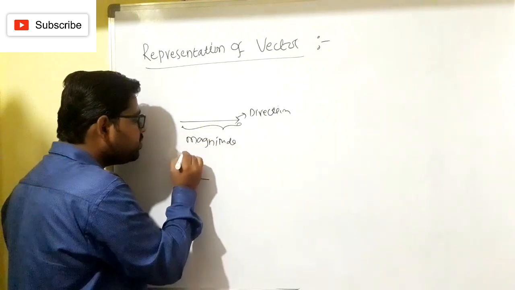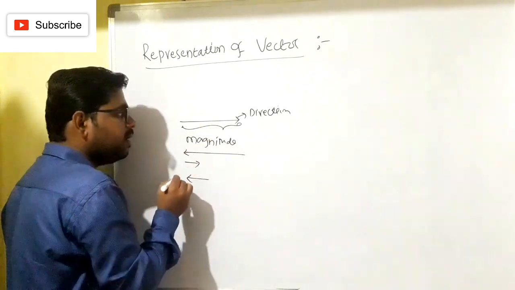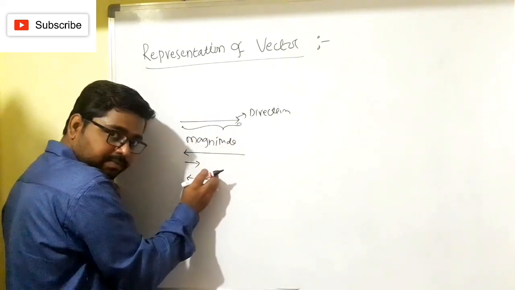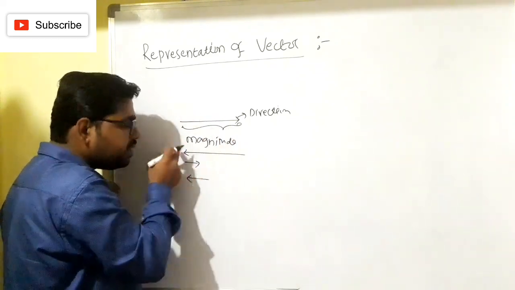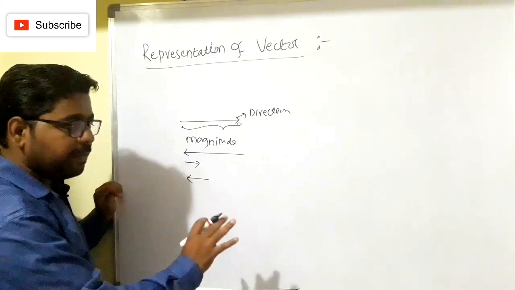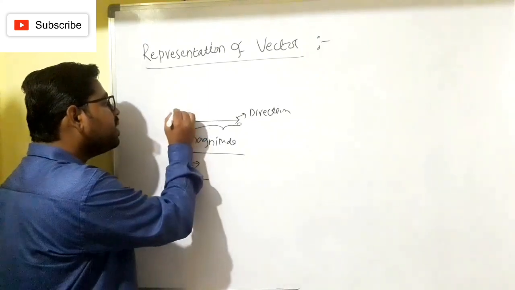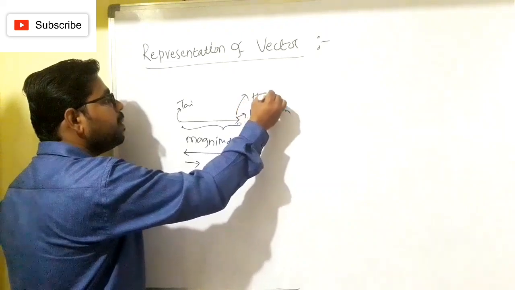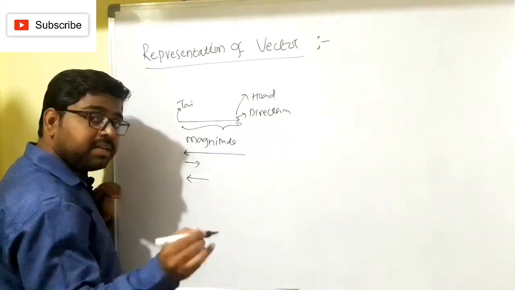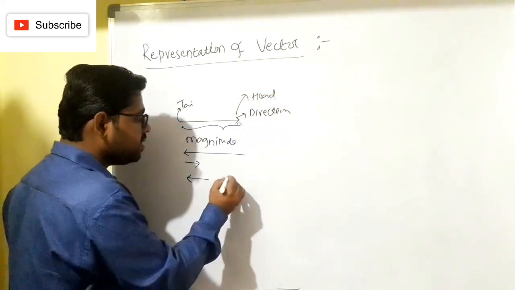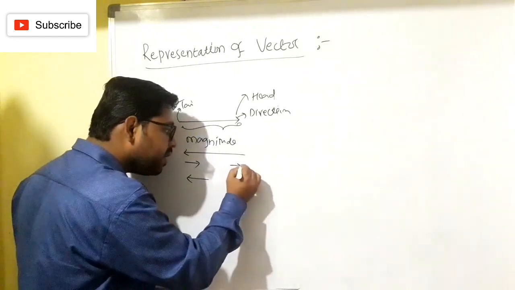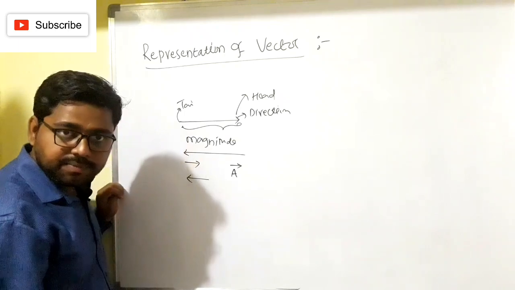And if you compare this, there is one more line and this one. What is the meaning of this one? Both vectors are the same in magnitude but opposite in direction. This part we call the tail, and this part we call the head. This is the representation. For any vector, let's say a, we write this symbol over it, a vector.